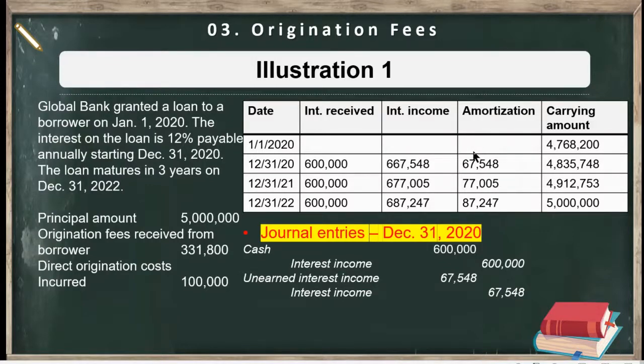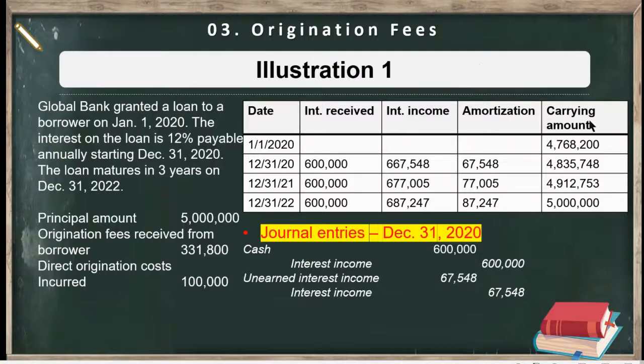And how would you treat the amortization? So mao ni ang clue or ang hint kung unsaon ang amortization. Since ang present value kay 4,768,200, unya ang principal amount or the face value is 5 million, ang goal sa pag-amortize is to reach the face value, even if greater than or less than ang present value.